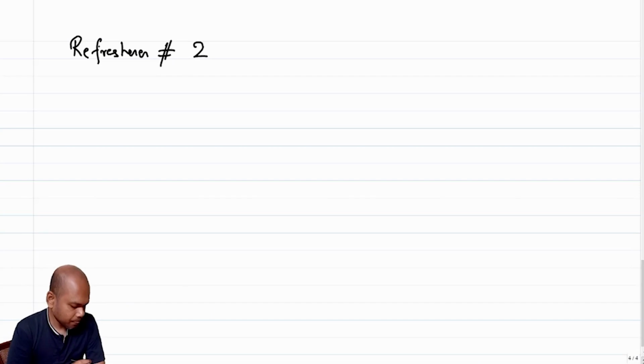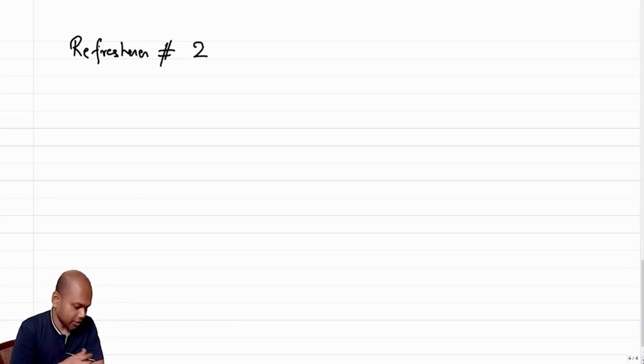Refresher 2 is that of Fourier analysis. I'm sure all of you have done Fourier analysis in your undergrad courses. So what does it essentially tell you?